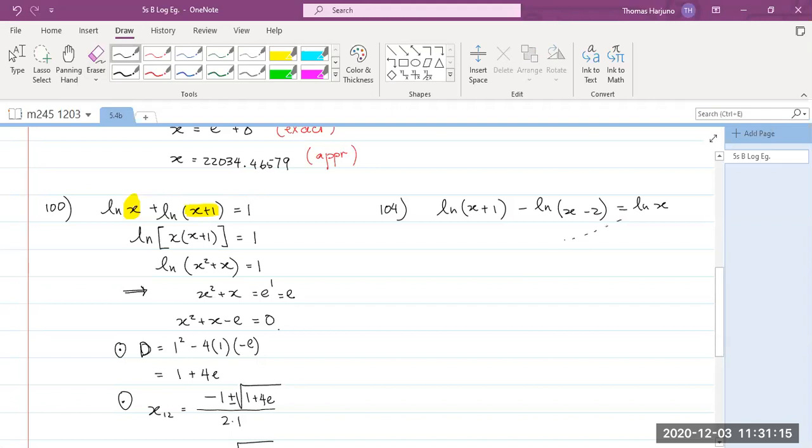Now, on the left-hand side, I will condense them into one single log. That will be natural log of x plus 1 over x minus 2. On the right-hand side, we have natural log of x. Now you see that log equals log means the blah equals blah.